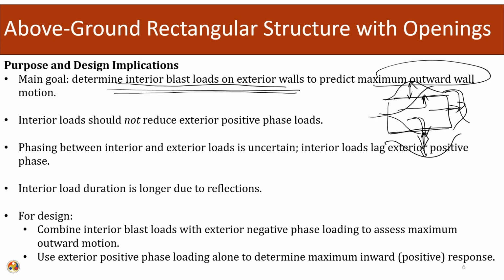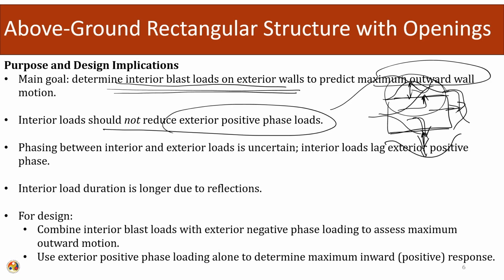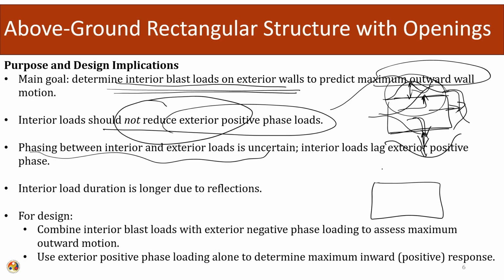The interior loads should not reduce the exterior positive phase loads. We have earlier seen that we are able to calculate the exterior positive phase loads, and it should not be taken as a compensating action for each other. Why? Because the phasing between interior and exterior load is uncertain. This is different from static cases.